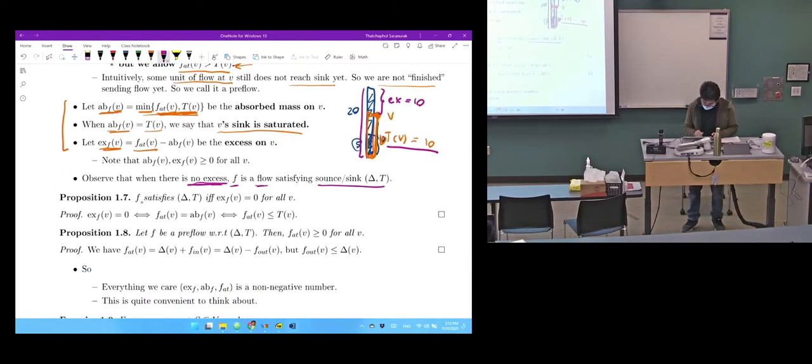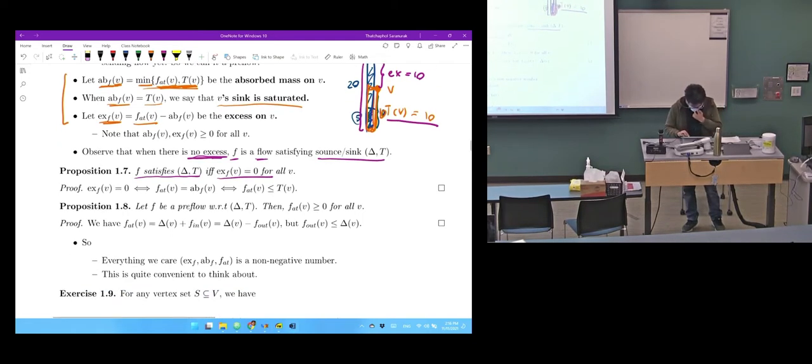So the flow satisfies source sink function if there is no excess. And if you verify the math, it's going to work out, but I guess you get the intuition, right?